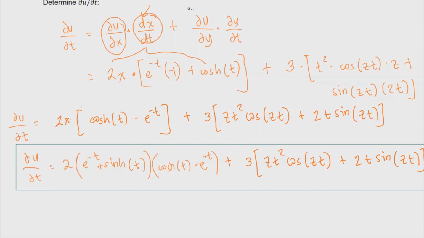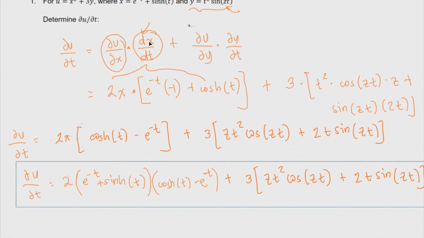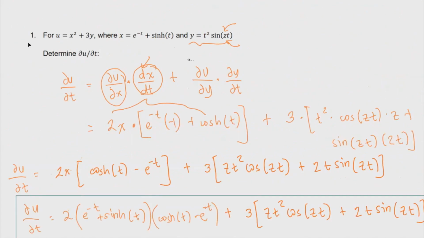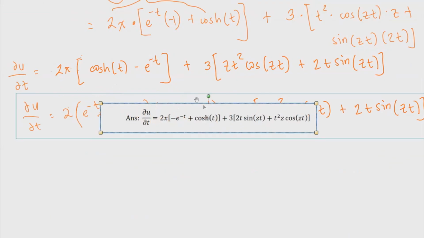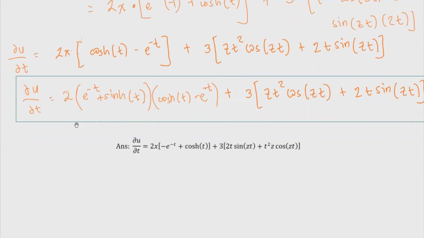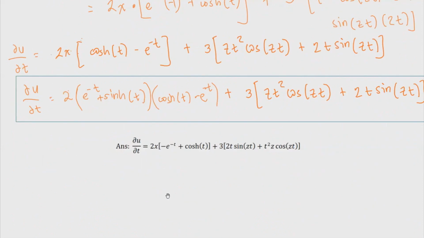So if, for example, it's 2x squared or ln of x, you just have to substitute x from this expression. Okay, so this is the answer from our module. So you have 2x and then cosh of t minus. This is the answer that we've obtained in this expression. But as I have told you before, if the problem asks you to simplify this further, then you'll be using this as your final answer.